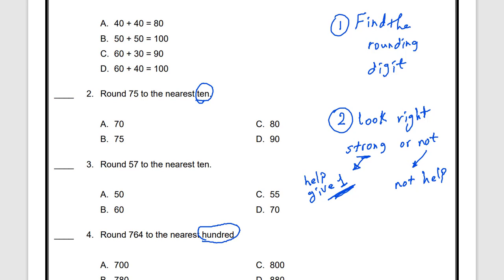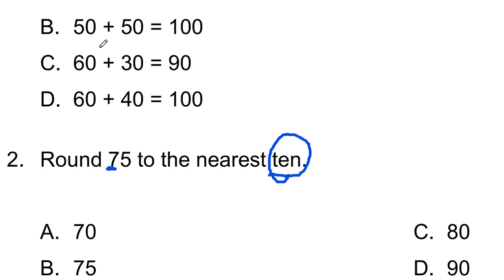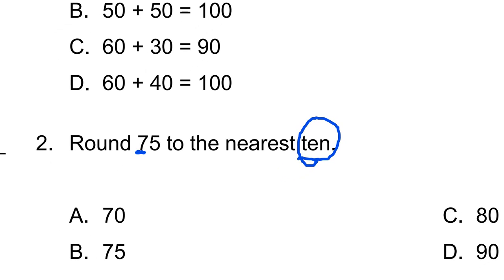So here in question number 2, we need to round to the nearest 10. We will underline the tens. This is the first step. The 7 is the tens, as you can see here. And after that, we look at the digit to the right, the 5. Is it strong? The strong digits are 5, 6, 7, 8, and 9.